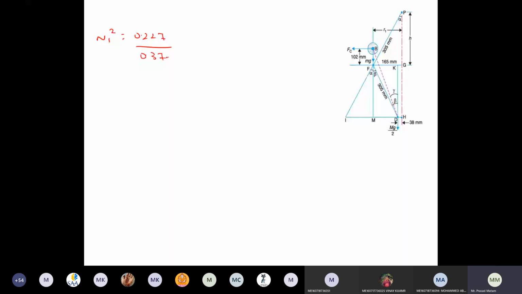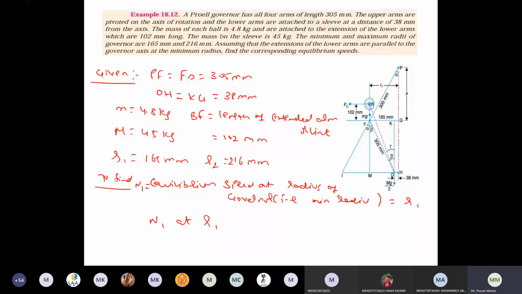How much is small m given? Can anyone answer? Small m is 4.8 kg. What is capital M? Capital M is 45 kg.